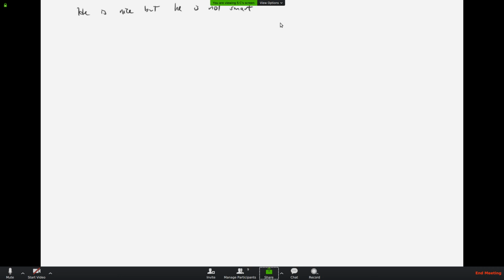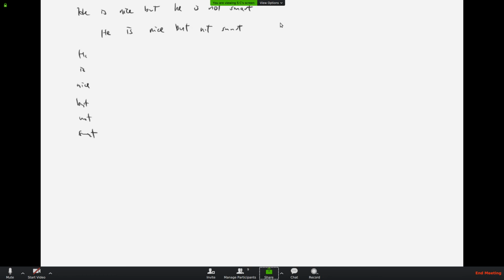So what I mean is I can make a co-occurrence matrix first. I have all the possible words here: he, is, nice, but, not, smart.